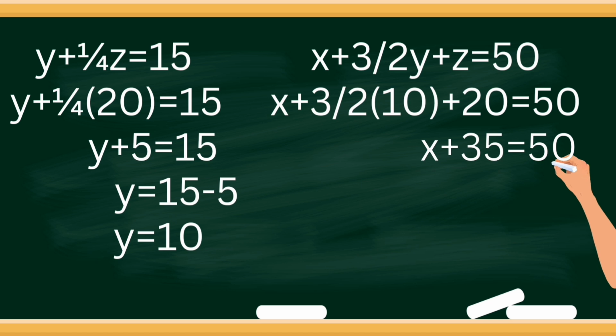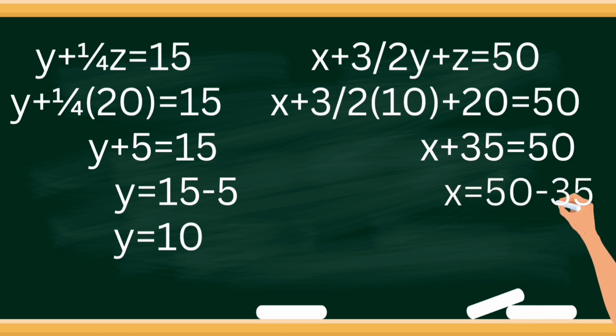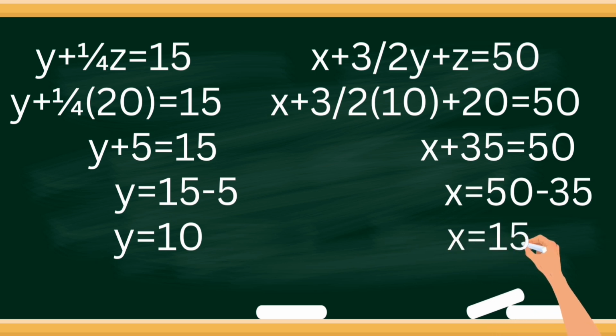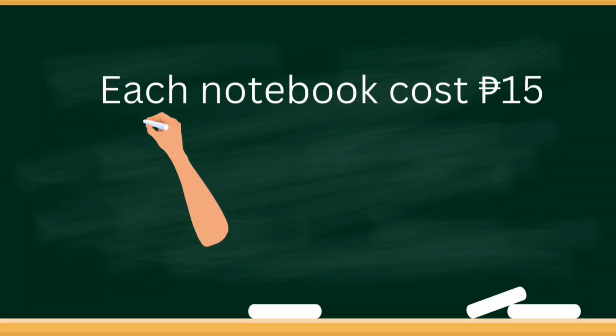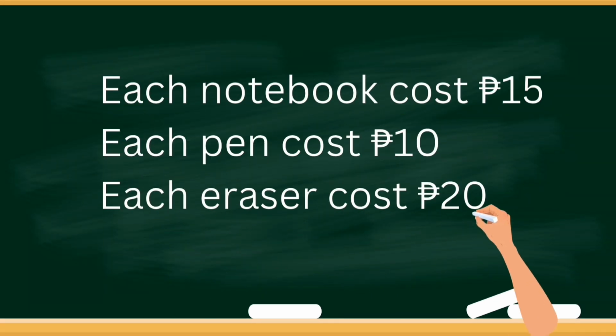And it will become x plus 35 is equal to 50, and x is equal to 50 minus 35, and our x is equal to 15. Therefore, each notebook costs 15 pesos, each pen costs 10 pesos, and each eraser costs 20 pesos.